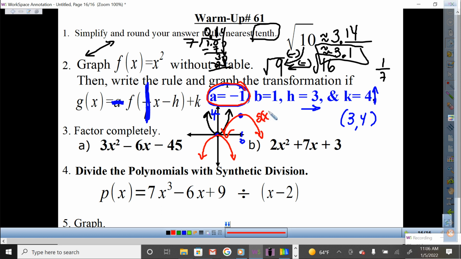That's my g of x. But they want us to write the rule, so let's see. I already substituted -1 here. H is 3, K is 4, so I'm going to write g of x equals -1 f of x minus 3. And this is a what? Quadratic plus 4.